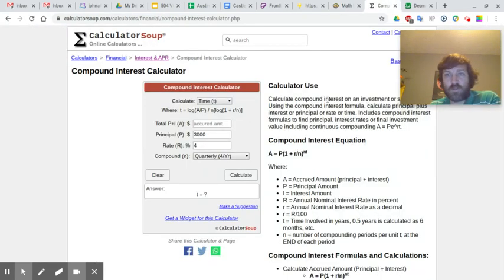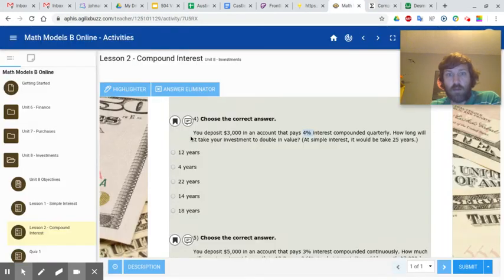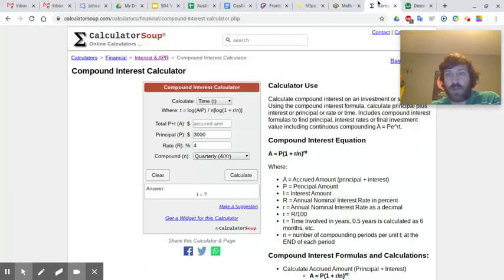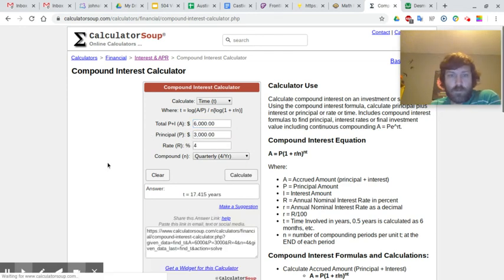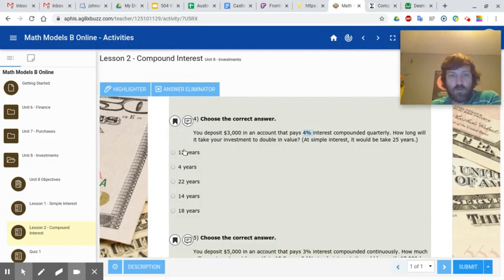Quarterly, we already have that selected, so that's nice. How long will it take to double? Okay, so doubling would go from 3,000 to 6,000. And let's calculate. 17.415 years. All right, so we'll choose 18 years. I think they wanted us to round up no matter what.